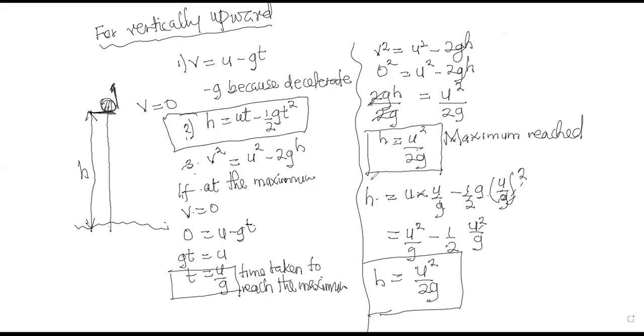This is what I've used in deriving the maximum height here. So h equals ut minus half gt squared. Then you substitute the time taken to reach the maximum height for t. So that's exactly what I've done. Are you okay?